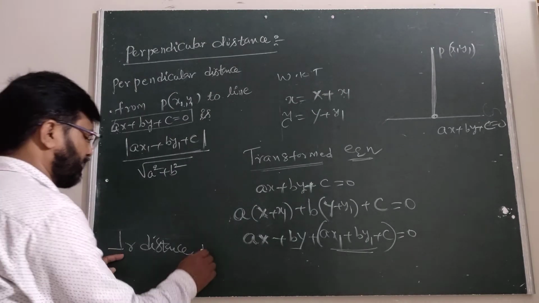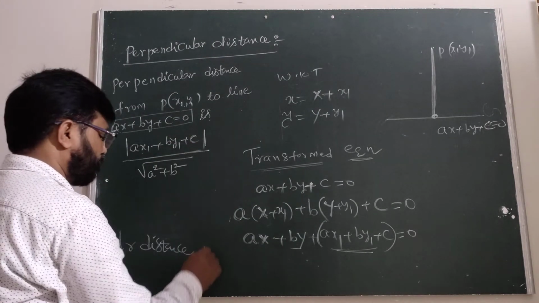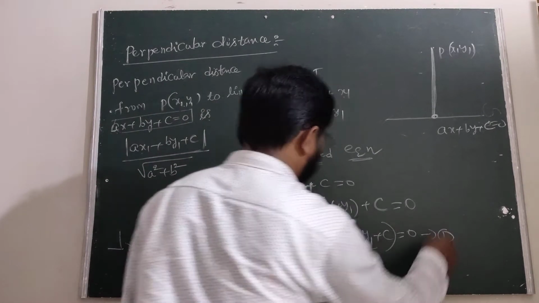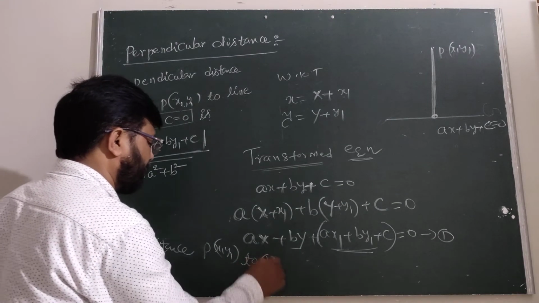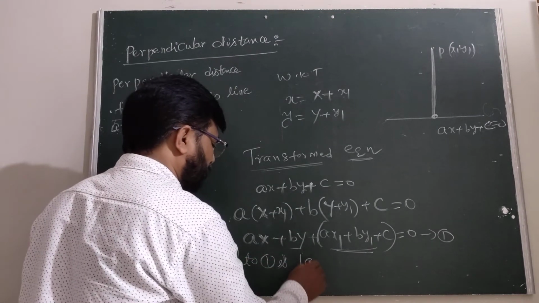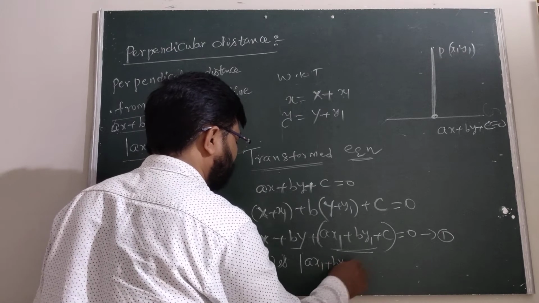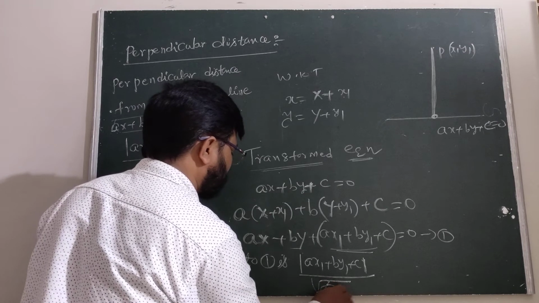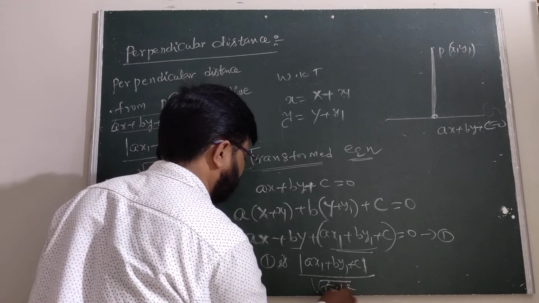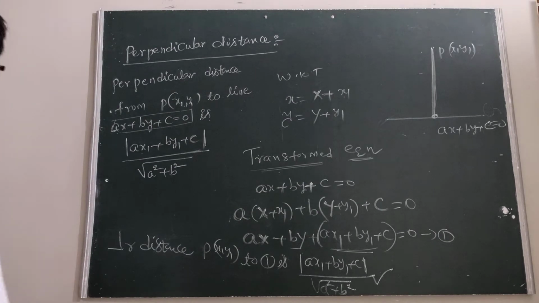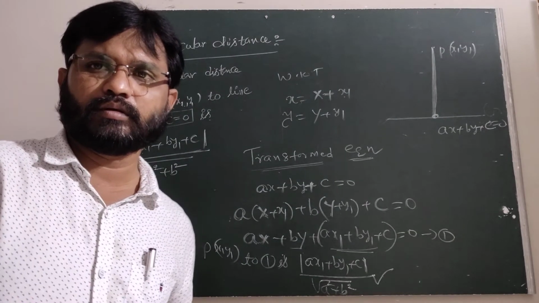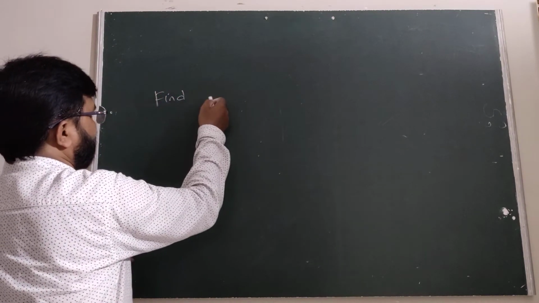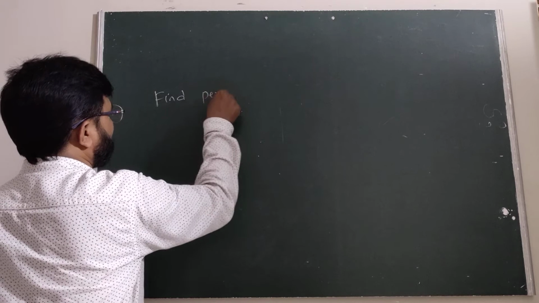Now write the perpendicular distance from the new origin P(x1, y1) to equation 1: the modulus of ax1 plus by1 plus c upon root of a square plus b square. This is the perpendicular distance. Okay. Find the perpendicular distance. All of you listen.